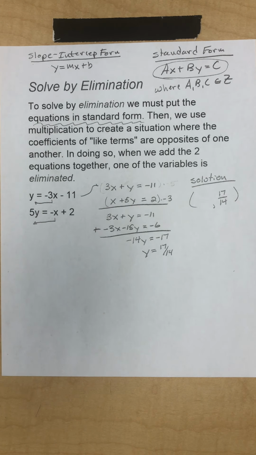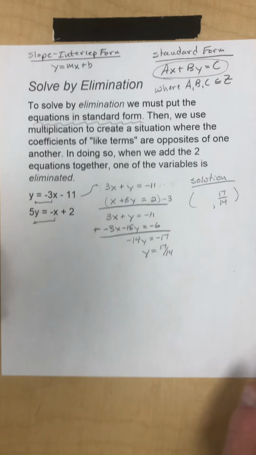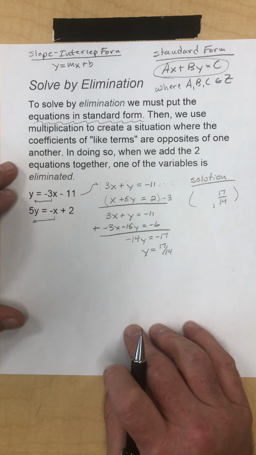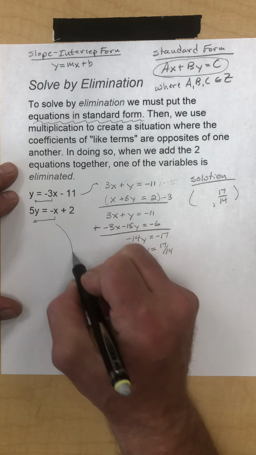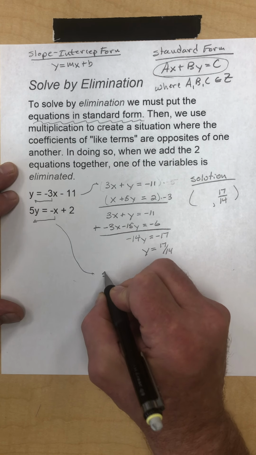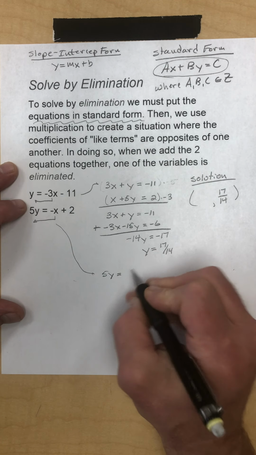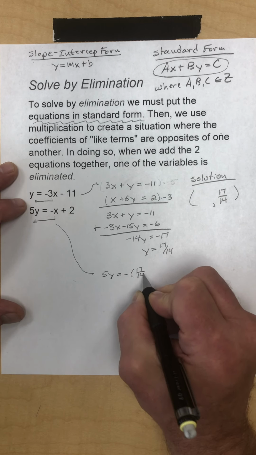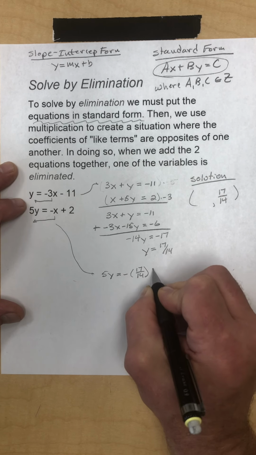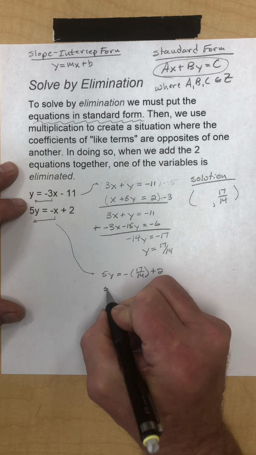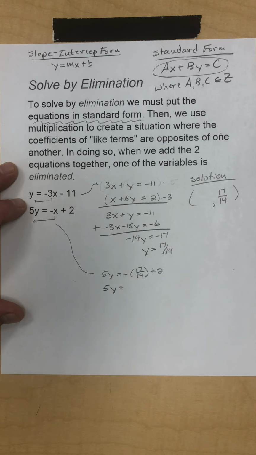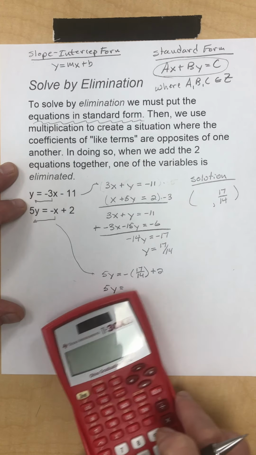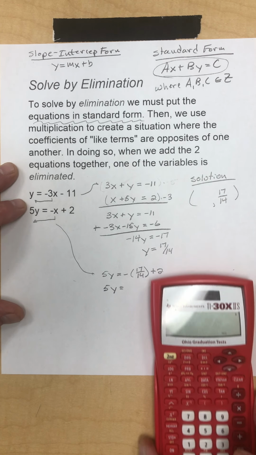So I have to go back and find my x coordinate. I would probably go here in this second one, and bring that second one over. So we get 5y equals the opposite of 17/14 plus 2. I know I can do that in my head, but some of you might not be able to.